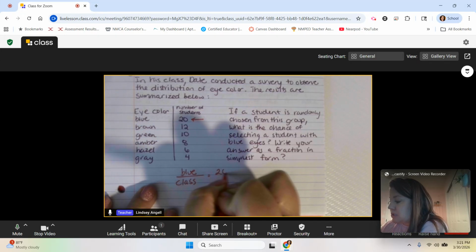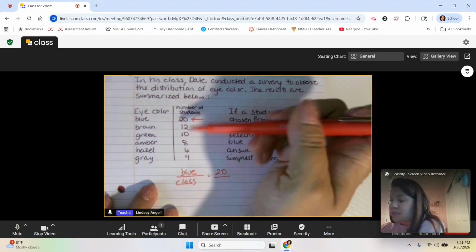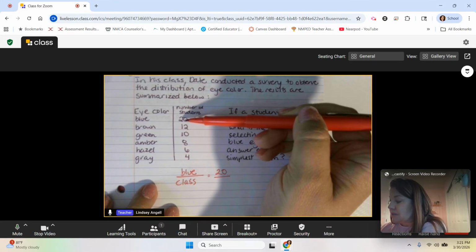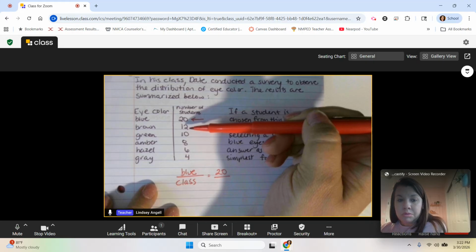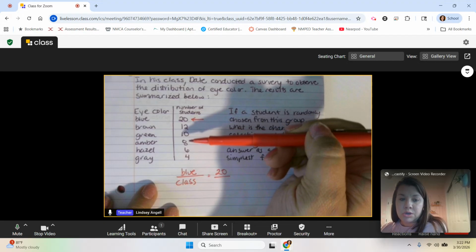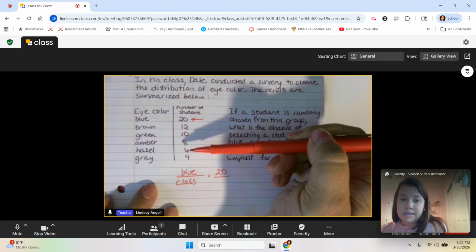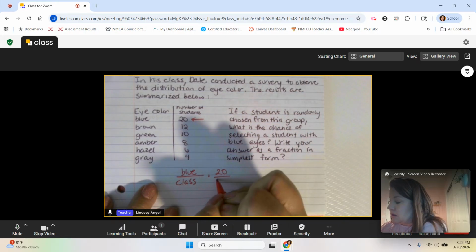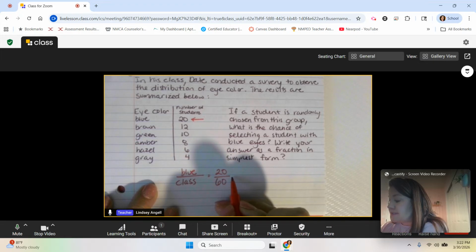So in this case, that's 20 out of, and then to find the whole class, we would add all of them together. So we've got 20 plus 12 gets us 32, plus 10 gets us to 42, plus 8 is 50, plus 6 is 56, plus 4 is 60. Okay, so it was 20 out of 60.